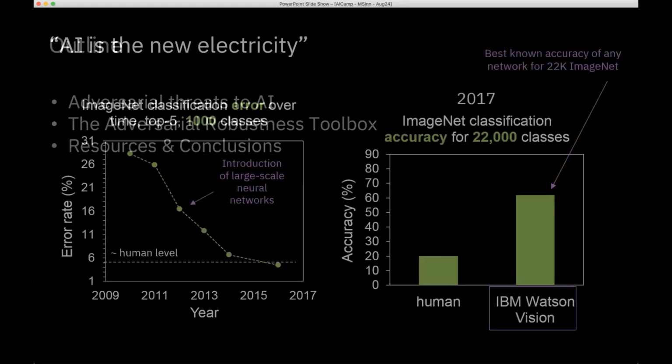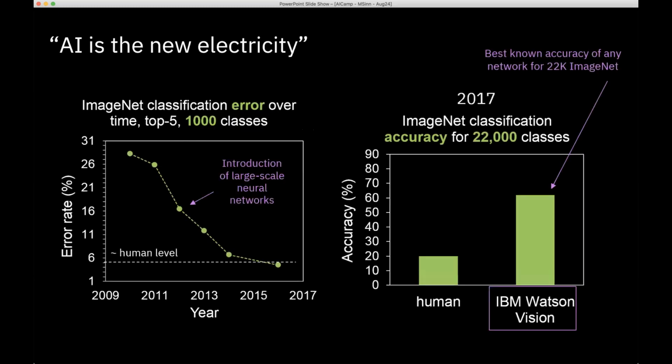So the premise that I think this presentation starts with, and that many of us believe in, is that AI has tremendous potential, or as Andrew Ng has put it, that AI is the new electricity, which to me always means three things.